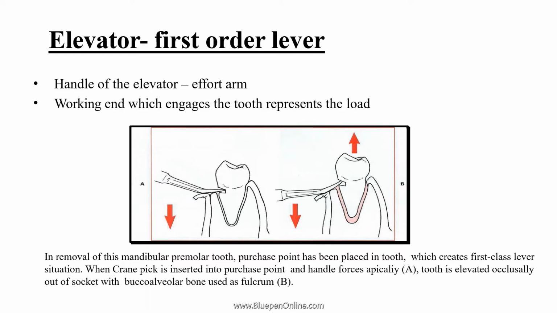Okay, in the case of a mandibular premolar tooth, you will first place a purchase point in the tooth like this, which creates a first class lever situation. Now the Cryer is inserted into this purchase point and the handle forces apically. The tooth is elevated occlusally out of the socket using the bone as a fulcrum. This is how you do the extraction with the elevator in the case of first order lever.